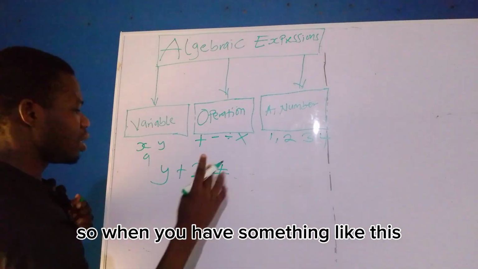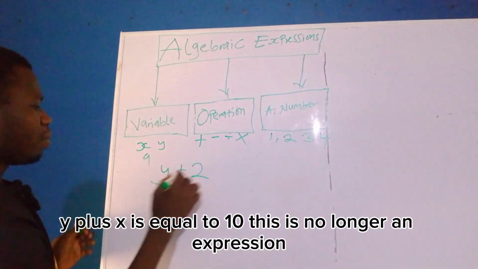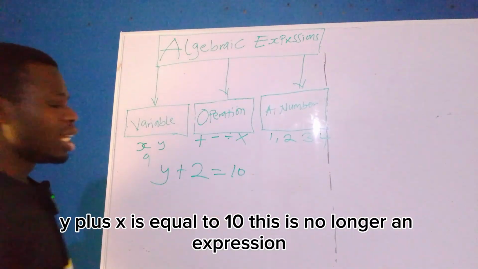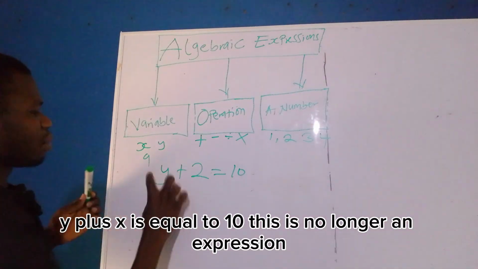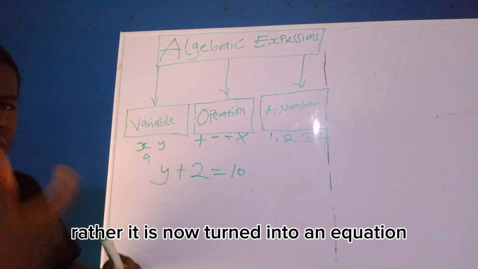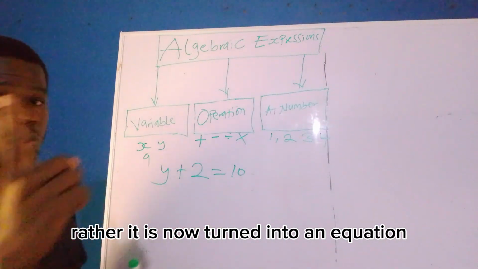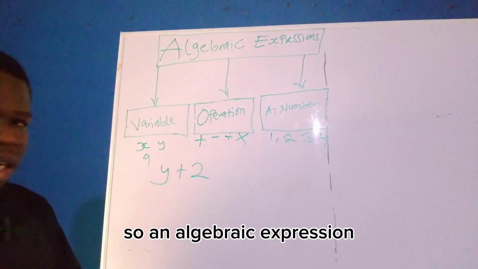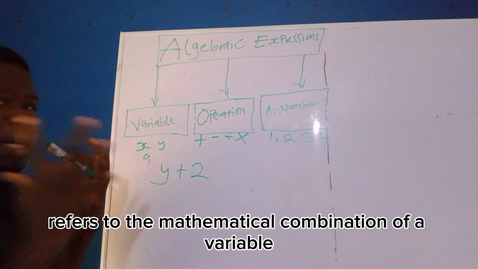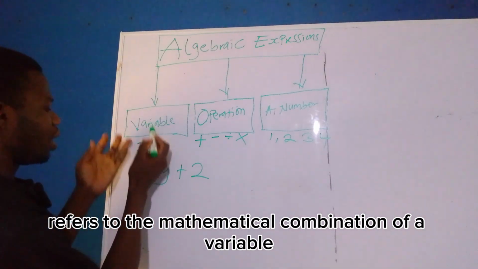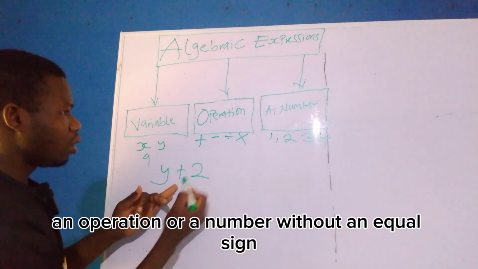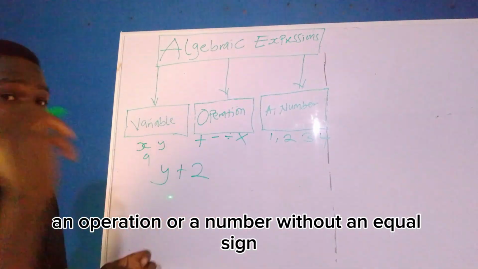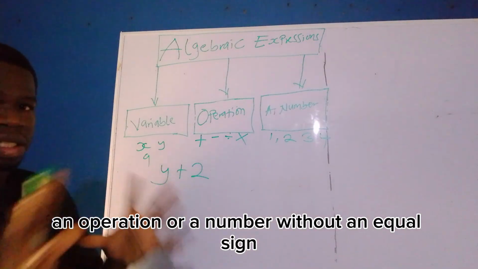So when you have something like this, let y plus x is equal to 10, this is no longer an expression. Rather, it is now turned into an equation. So an algebraic expression refers to the mathematical combination of a variable, an operation, or a number without an equal sign.